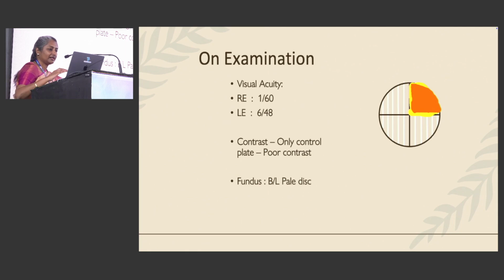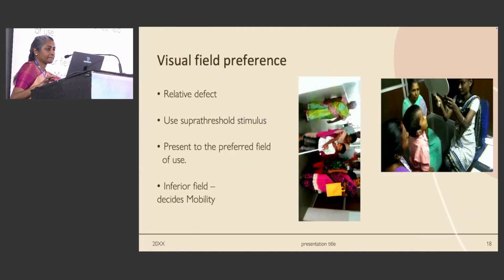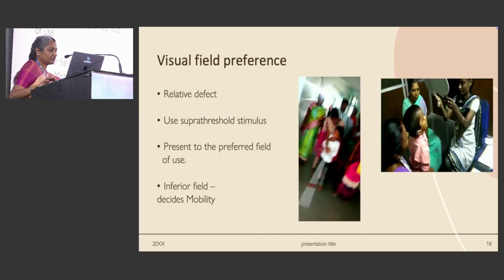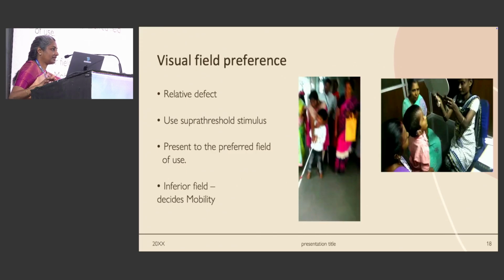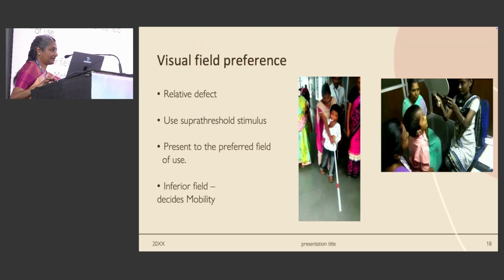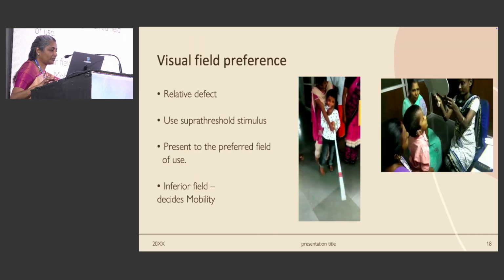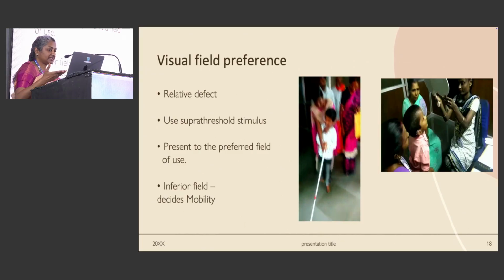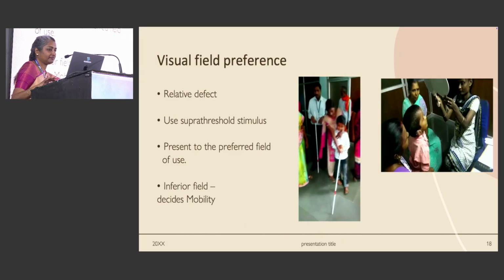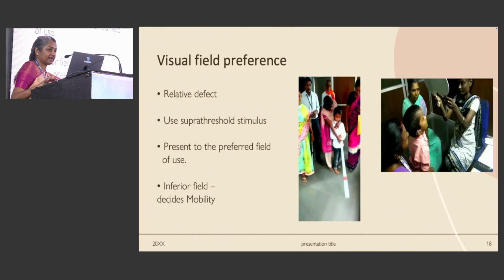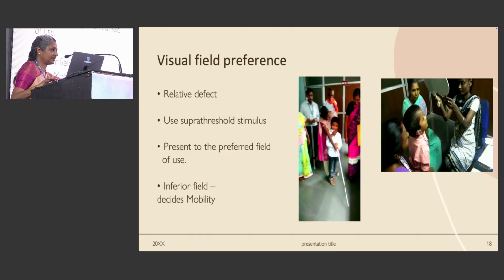And the only problem here is a pale disc. So you need to look at the contrast of the materials presented. You always use a supra-threshold type of stimulus whenever you expect poor contrast or poor visual acuity or both together. And you can use guides like the cane, and the training needs to start from very early onwards.